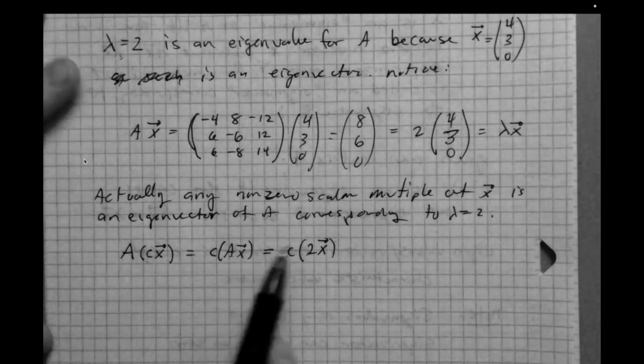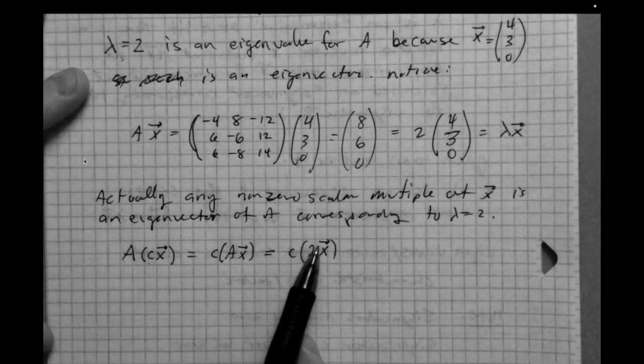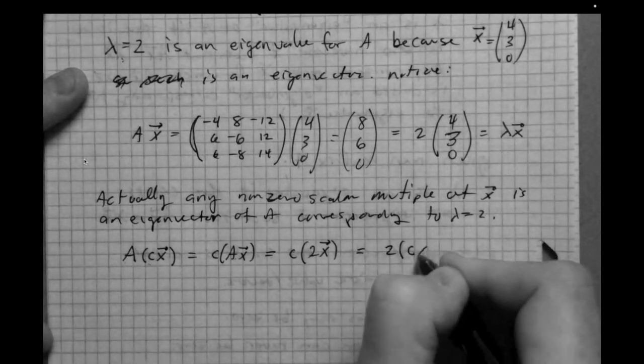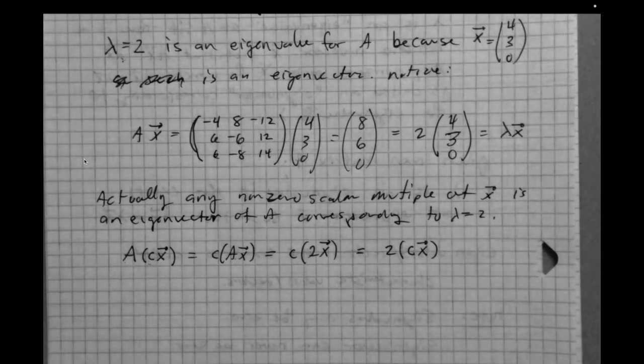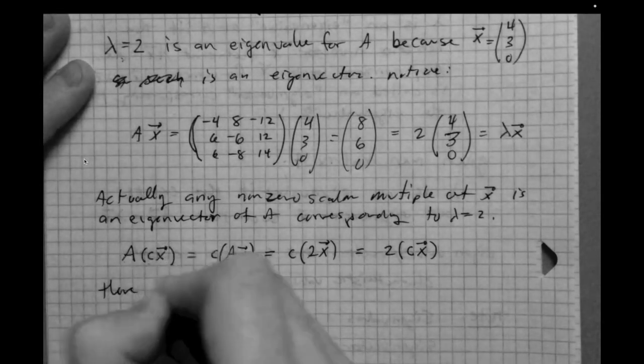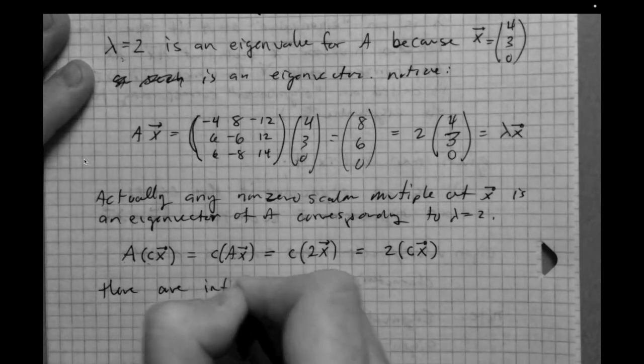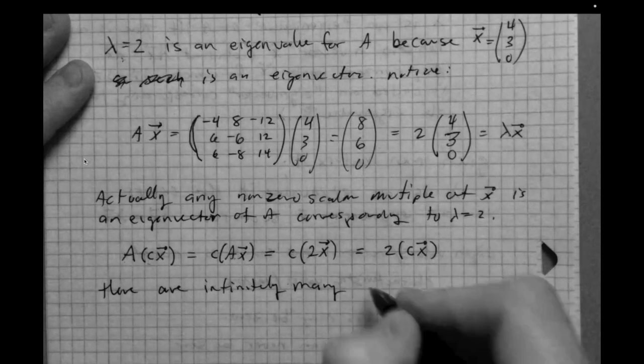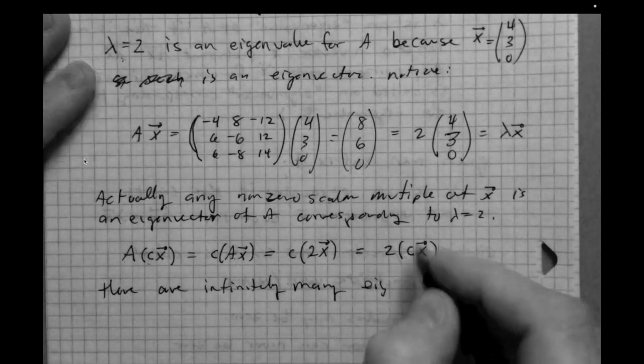It can take the place of A when we're multiplying with x. And so you can see that this is equal to 2 times basically any scalar multiple of x. So there are infinitely many eigenvectors corresponding to lambda equals 2.